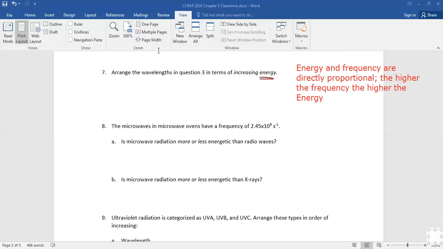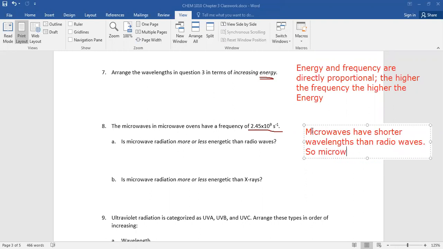So question 8, you have the frequency of a microwave oven given. And so part A, is microwave radiation more or less energetic than radio waves? Well, microwaves have shorter wavelengths than radio waves.